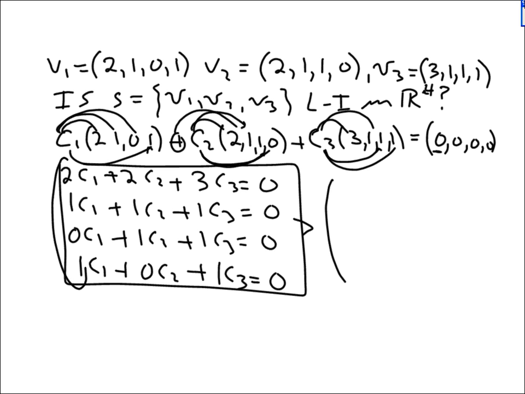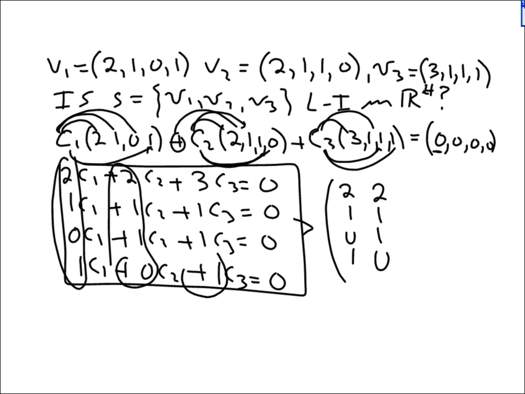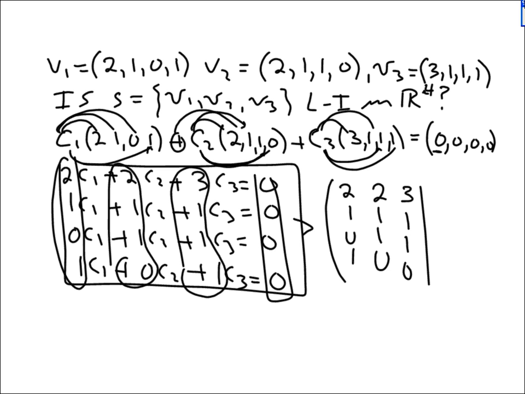So first, we write down those numbers: 2, 1, 0, 1. Then we write down those numbers, then we write down the set of numbers, always including the signs. And it's augmented with the zeros.